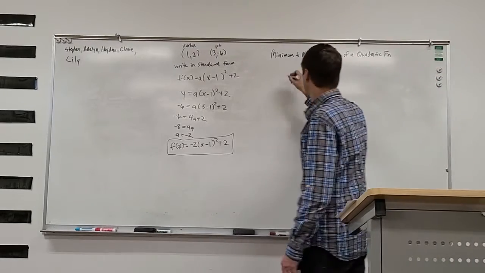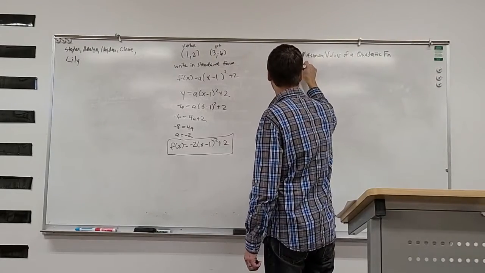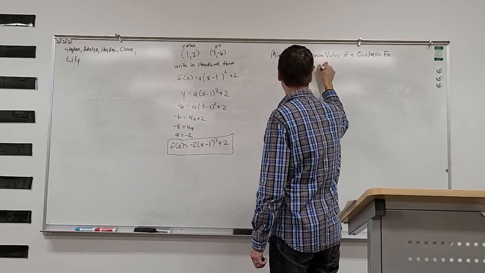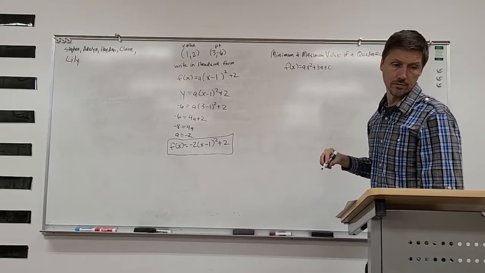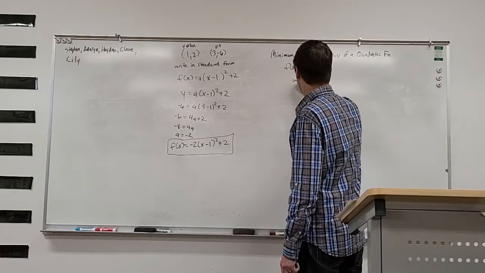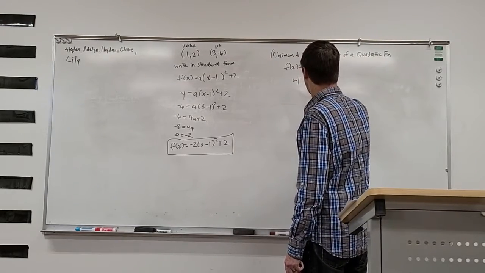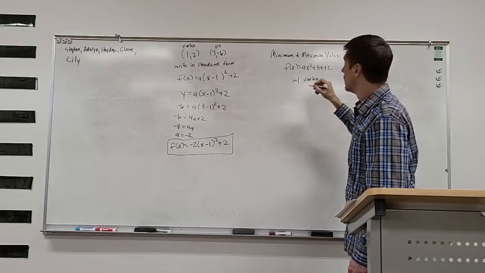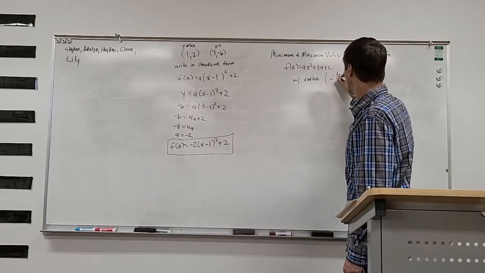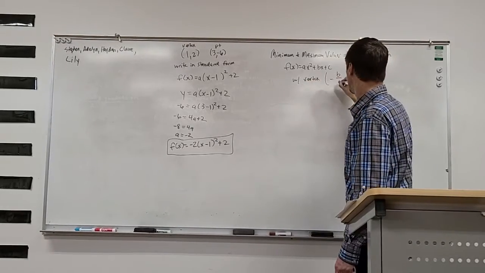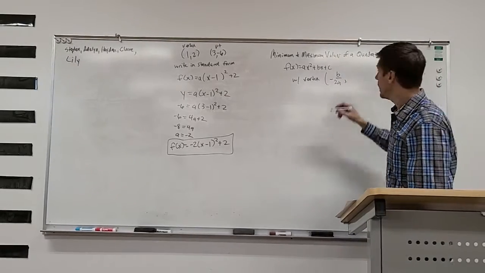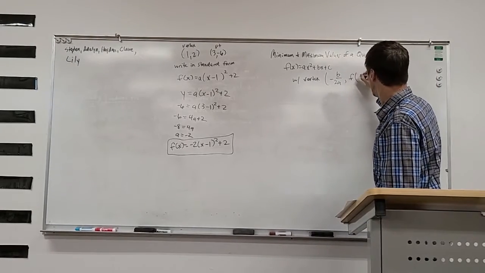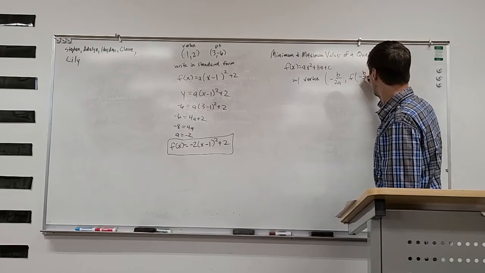If we have a quadratic function like this, f of x equals ax squared plus bx plus c, with vertex -b over 2a, comma, f of -b over 2a.